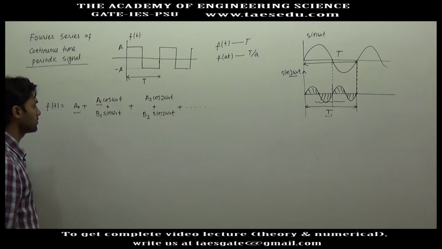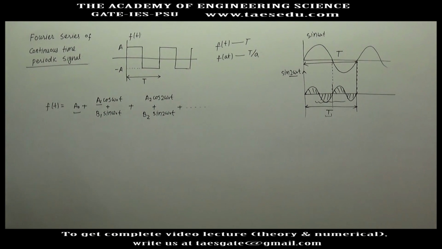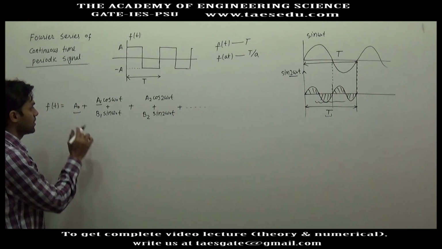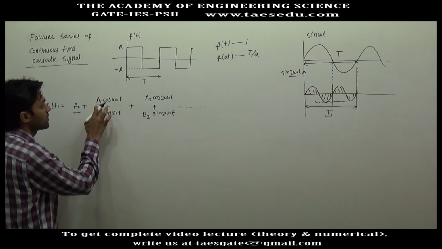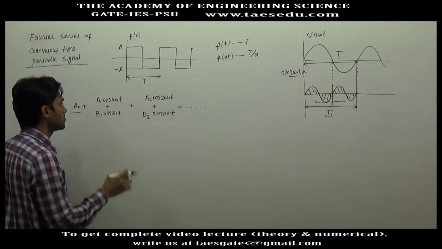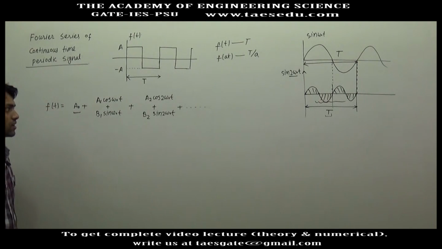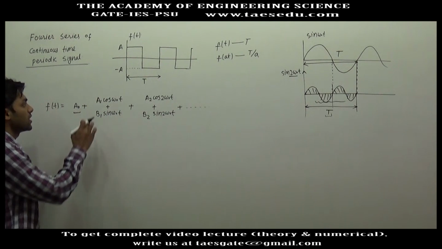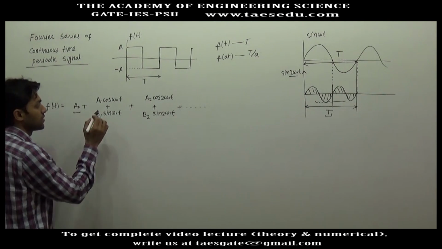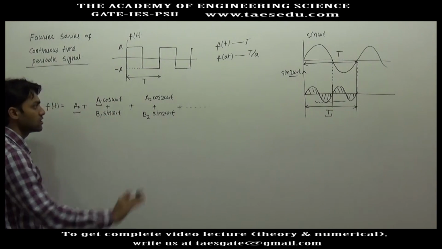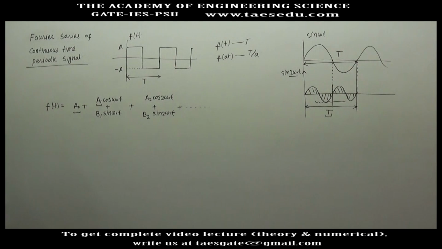To find a naught, we just integrated both sides for a duration of capital T. While doing so, on the right hand side we had only a naught, and the integration of all other parts was 0, so the unknowns a1, a2, b1, b2 all disappeared. Here we have to manage such that on the right hand side a1 will be there, and all the others disappear.